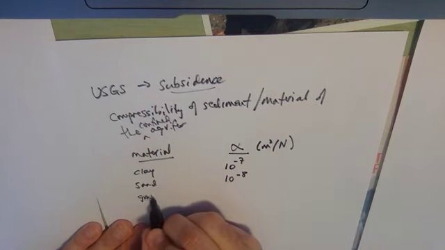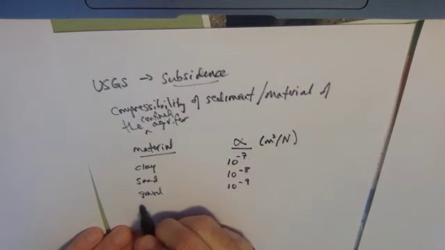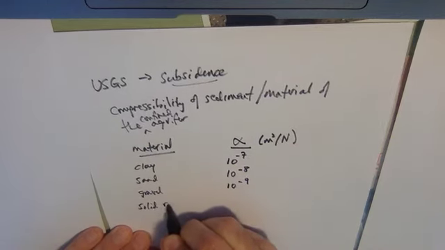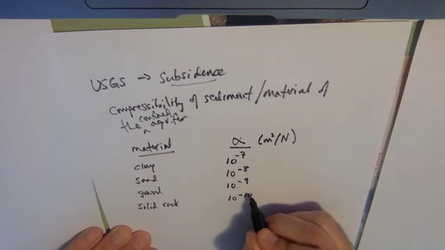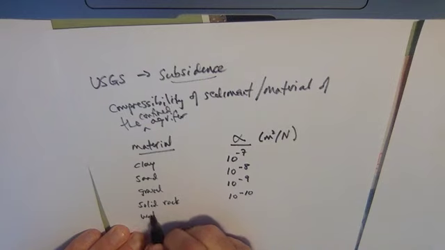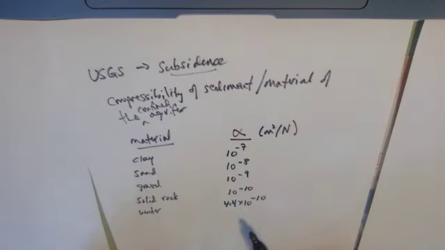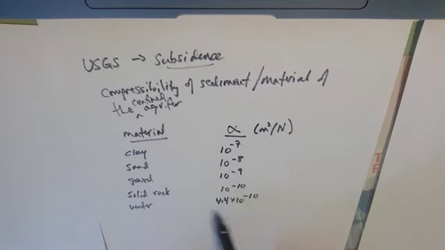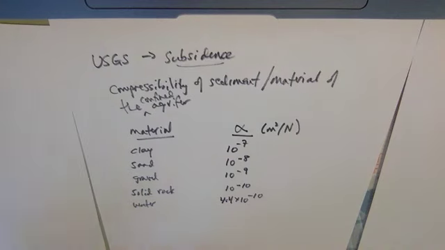For gravel, it's 10 to the minus 9. For solid rock, it's 10 to the minus 10. And for water, it's 4.4 times 10 to the minus 10, which is interesting, right? You can see that water is actually more incompressible than solid rock. Water is a very highly incompressible fluid.